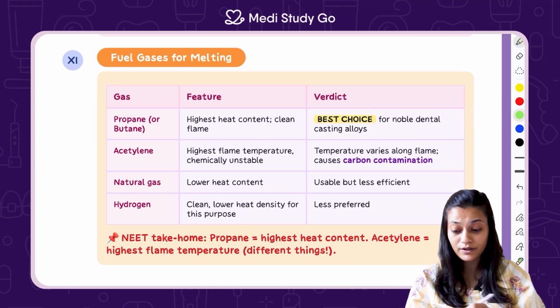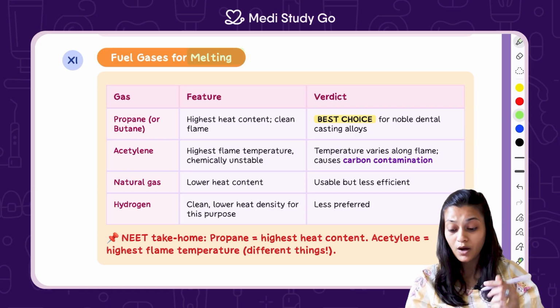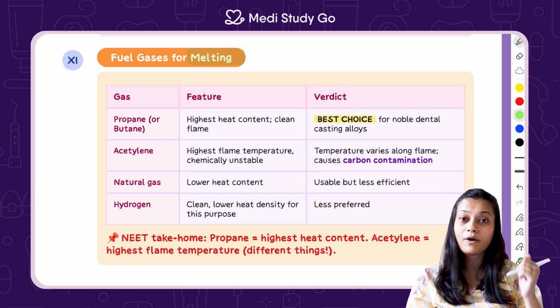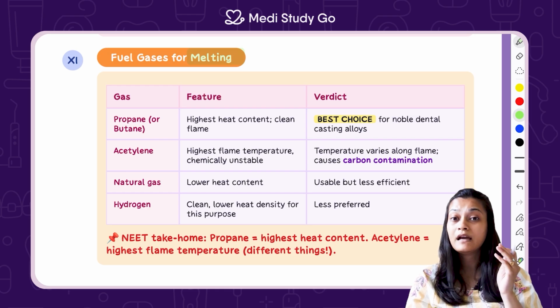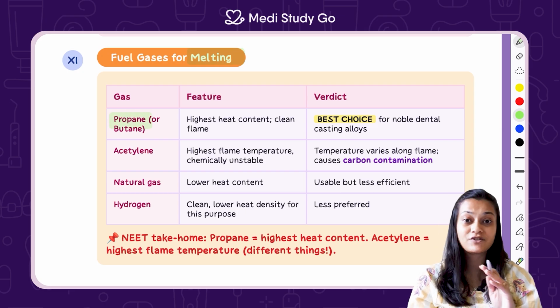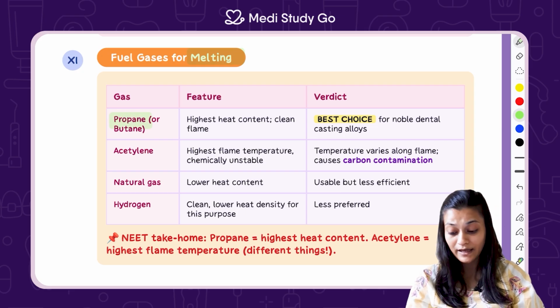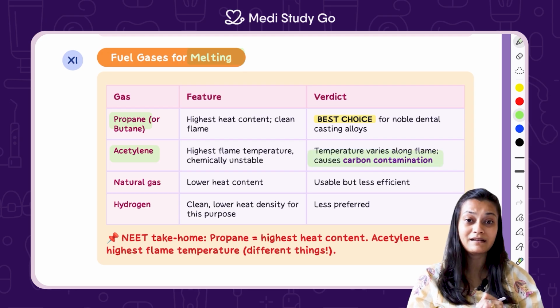Also, we talked about melting, correct? We need to melt our ingots. What can be used? We talked about arc, induction, torch method. When am I using the gas? I have to make sure that propane is the best choice for noble metal. Acetylene, if I'm using it, is going to cause carbon contamination.